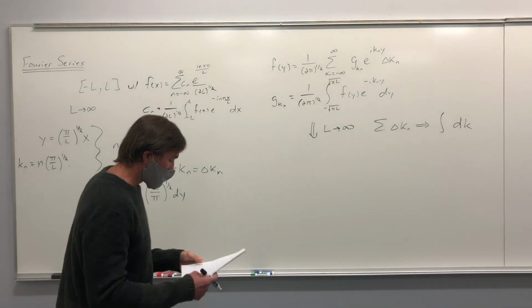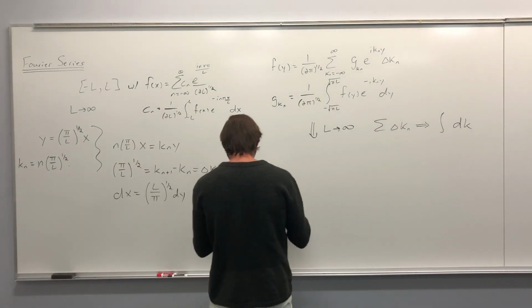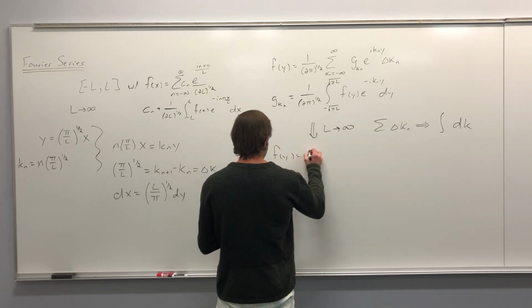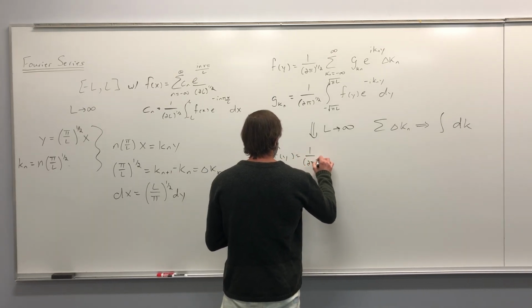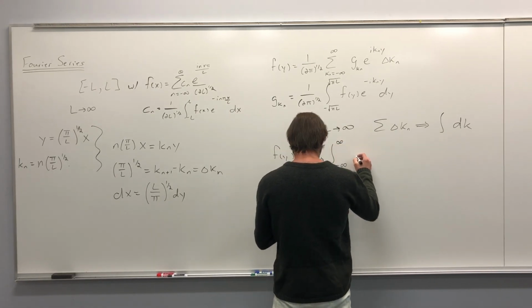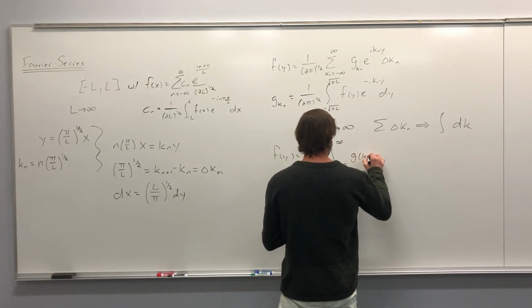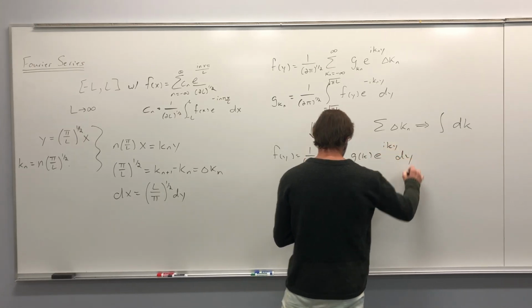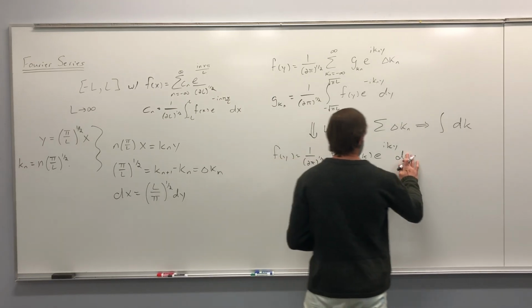Okay, so let's write down what these finally come into. So we get F of y is 1 over 2 pi to the 1/2 integral from minus infinity to infinity of g of k e to the I k y dk.